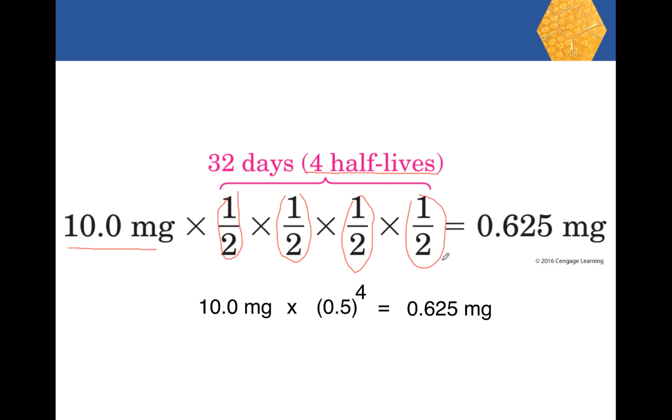After 4 half-lives, it is 0.625 grams. If you have a calculator that can do x to the y, you can just plug these numbers in and then multiply by this, and you should get the same outcome.